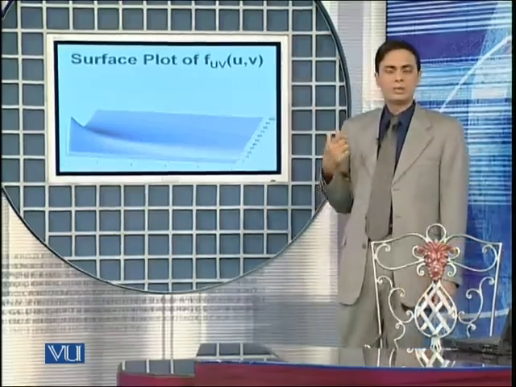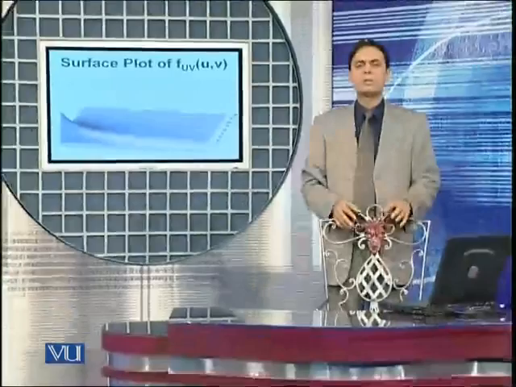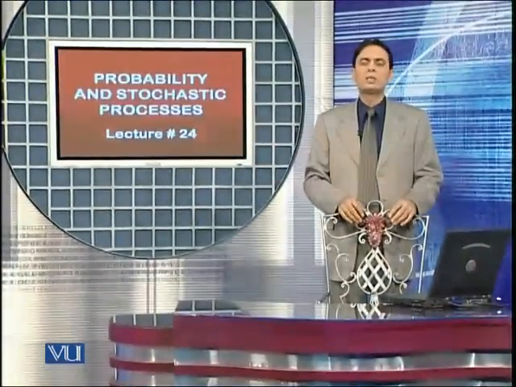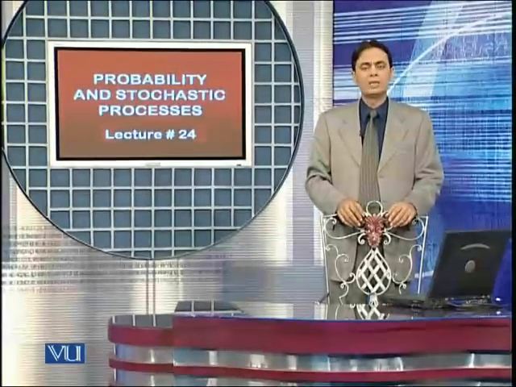We can use this joint PDF to answer questions about the behavior of u and v, which in turn model the behavior of x and y, the two underlying random variables.